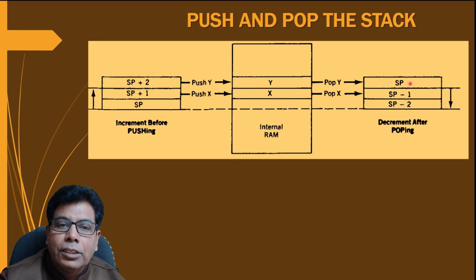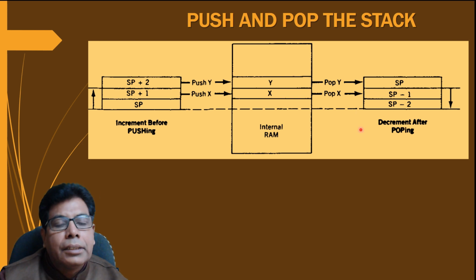Whatever data is at SP, we are able to retrieve that data. So pop Y will take the data Y and it will be loaded into a particular memory or register. Then it is decremented by 1, and the next data we retrieve from SP minus 1. In this way the push and pop of the stack will take place.